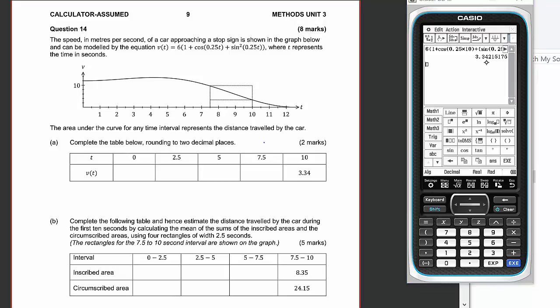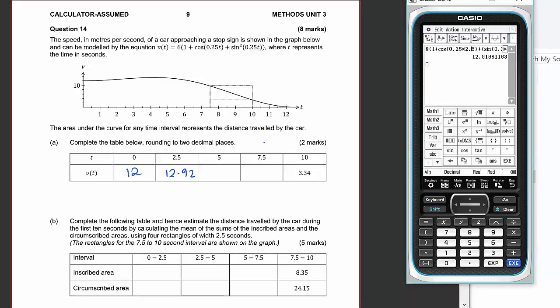Okay, so let's fill in the rest of the table. Starting with the table, we need to change that 10 to 0. And that gives us 12. So in here we're going to have 12. We then need to change that to 2.5. And that's 12.92. We can see the shape up here, so we can check that that's reasonably consistent with it.